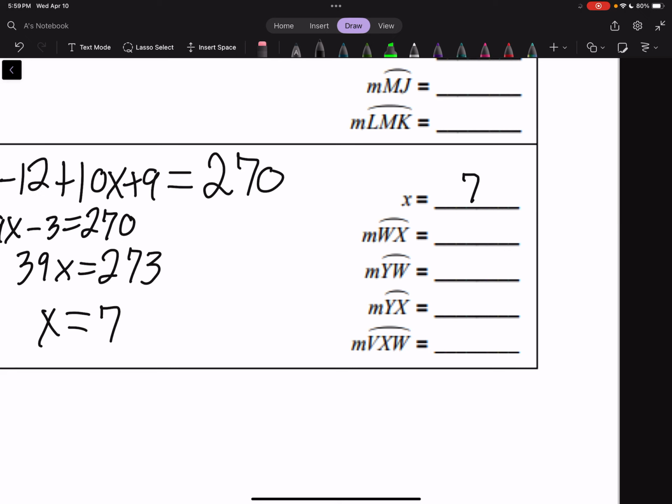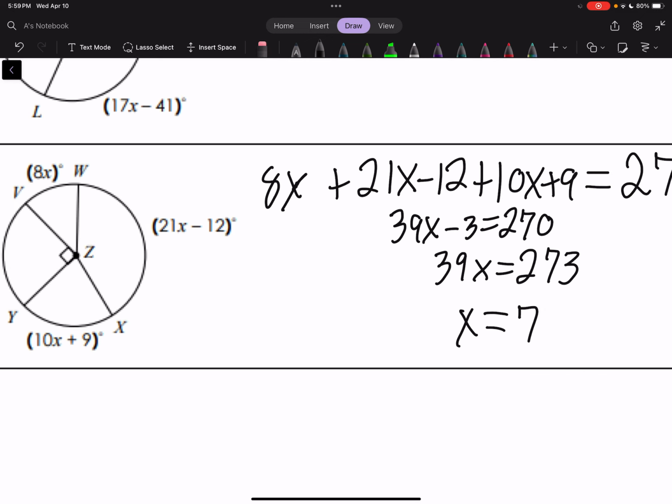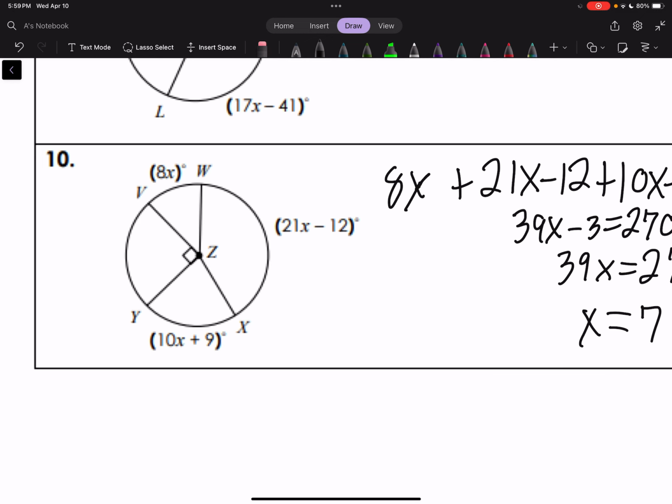But wait, this problem isn't done. It wants to know the measures of arc WX, YW, YX, and lastly VXW. Well, I'm going to plug in 7 for x. If I plug in 7 for 8 times x, so this is going to be VW, I'm going to get 56 degrees.